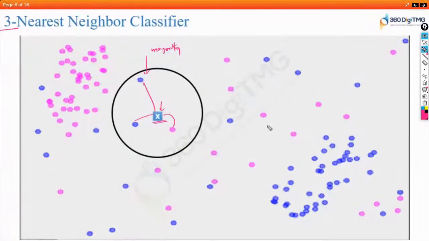Right? So on and so forth, we keep trying with different k values, and we'll try to find out which k value is giving us the best result. Best result means your predicted value and actual value should be the same.